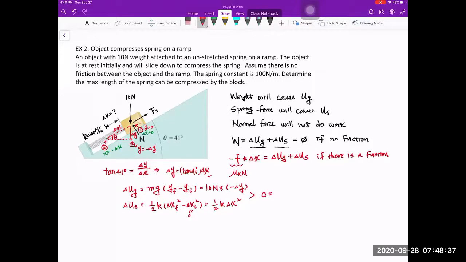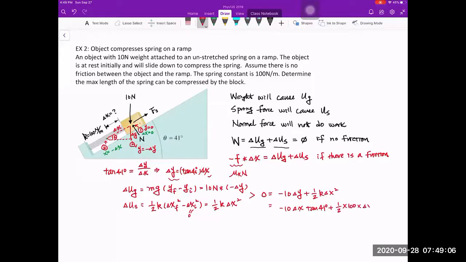This will be negative 10 times change of y plus 1/2 k change of x squared. Let's replace the change of y by this equation here. And what is the k? K is 100.